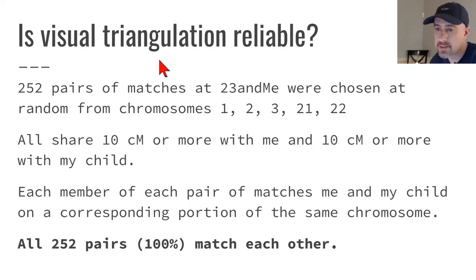So rather than asking you to just take my word for it, I spent a few hours looking at some pairs of matches at 23andMe, a little over 250 pairs of matches. I chose those pairs of matches at random from several chromosomes, and I found matches that share at least 10 centimorgans with me and 10 centimorgans with my child, and I found that all 252 pairs of these matches ended up matching each other as expected, as predicted by visual triangulation.